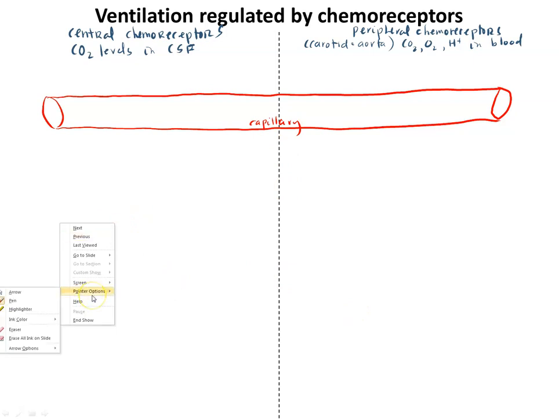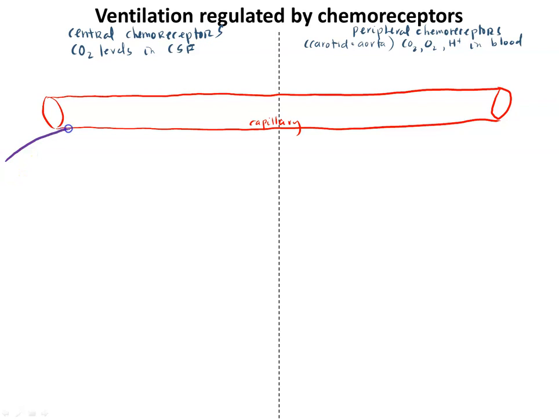Now I also want to draw a couple structures in the brain. What color should we make it? I should have thought this through before I started talking. Let's make it purple. Now I'm just going to draw a little area here. It's going to be the arachnoid space, and this is going to be all cerebral spinal fluid, all in here.